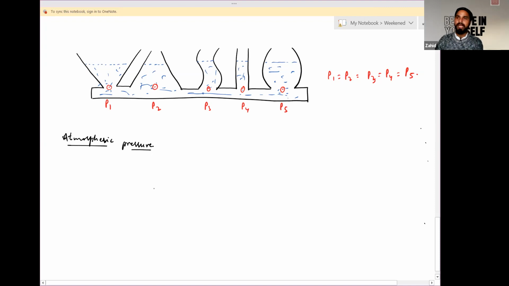The pressure exerted by air or atmosphere on all objects living on the surface of Earth is called atmospheric pressure. So it will be the pressure exerted by air on object on the surface of Earth.